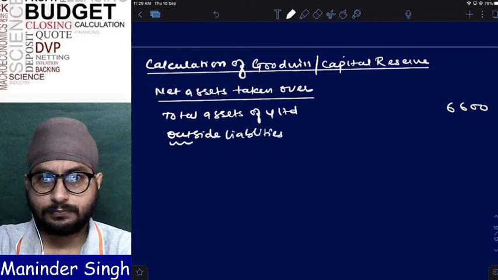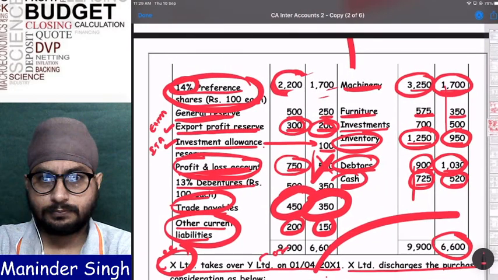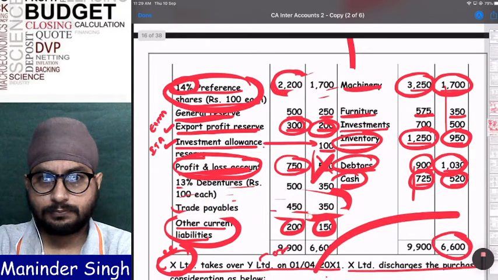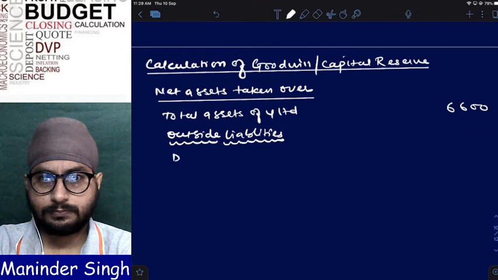Clear? Now what should I do? Minus outside liabilities. Now, in outside liabilities, do I have debentures? Can I take debentures in outside liabilities? Is a debenture an inside or outside liability? Outside liability. How much? Debentures 350.